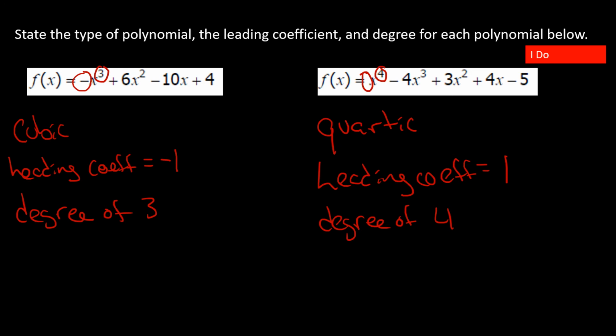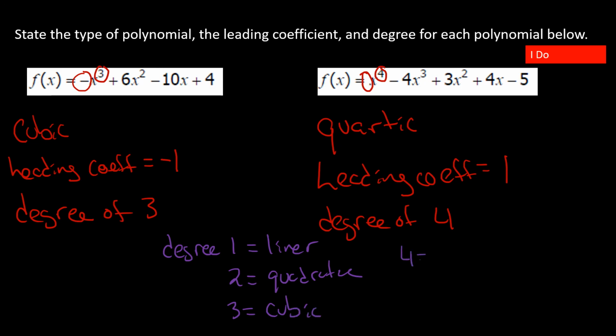You'll remember, and just to help you guys out here, because I know this might come up, if we see a degree of 1, that's going to be linear. Degree 2 would be quadratic. Degree 3 is cubic.